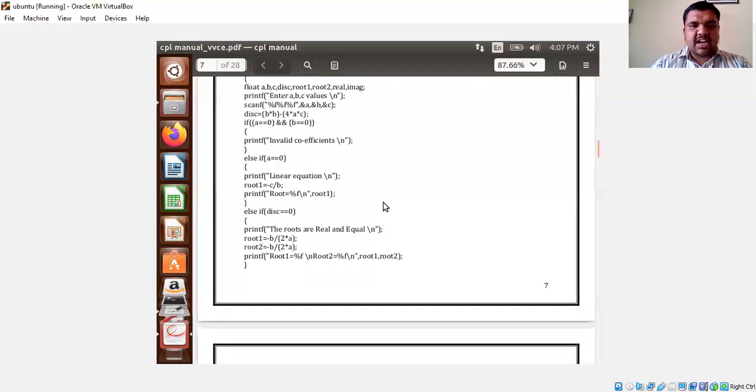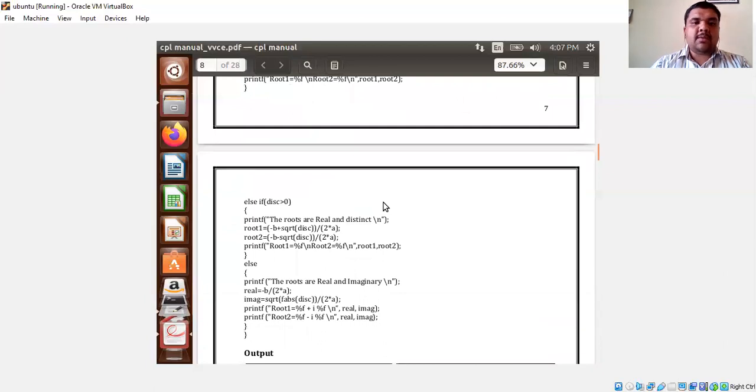So this condition fails now. Next, the else if disc greater than 0 is going to be executed. If that condition is true, then it is going to print that the roots are real and distinct. Two separate roots are going to be printed here. Root 1 is equal to minus b plus square root of discriminant by 2a, and root 2 is minus b minus square root of discriminant by 2a.